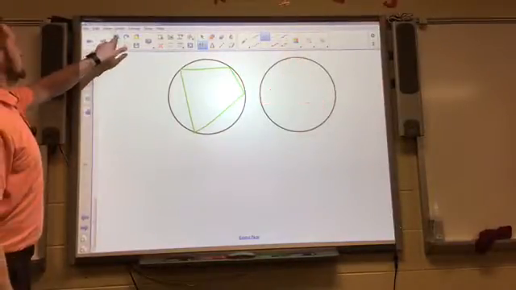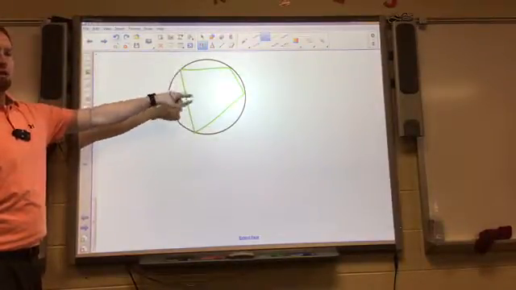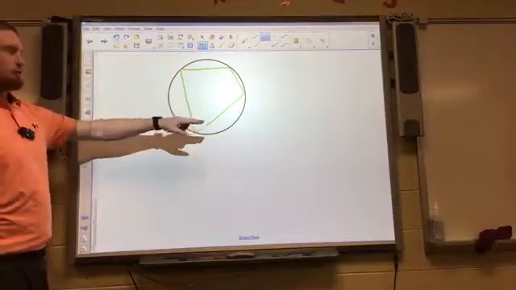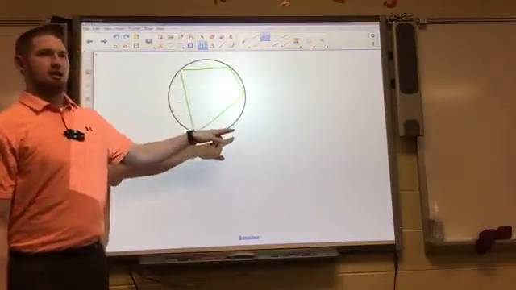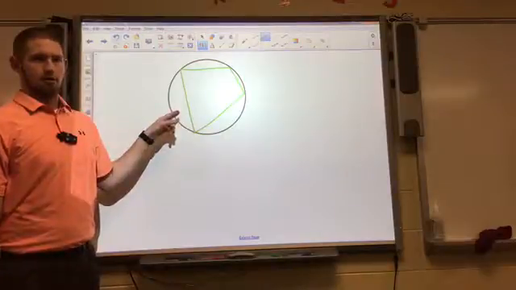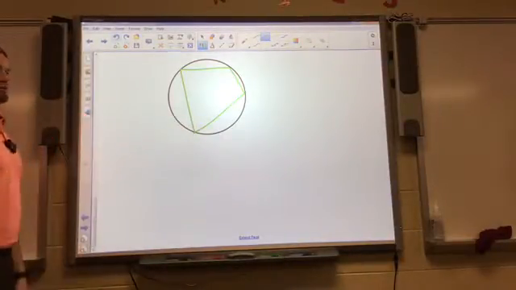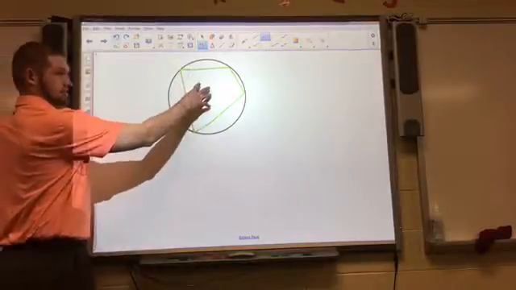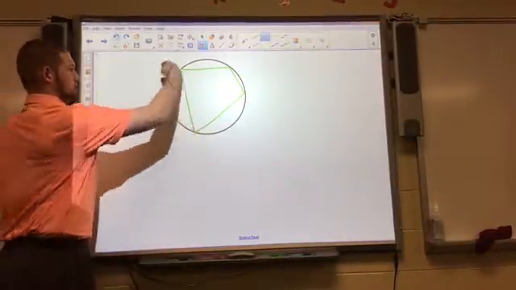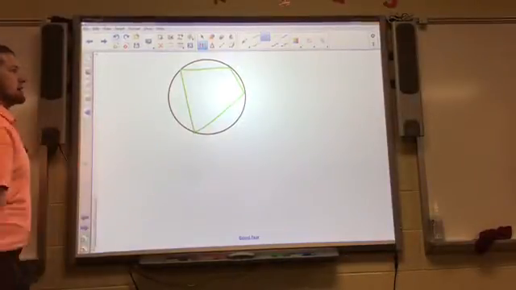So this green polygon would be inscribed in the circle. The circle is said to be circumscribed around the polygon. So just don't get those two words confused. Inscribed is what's on the inside. Circumscribed is what's on the outside.